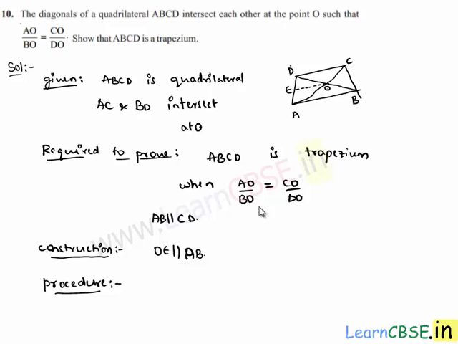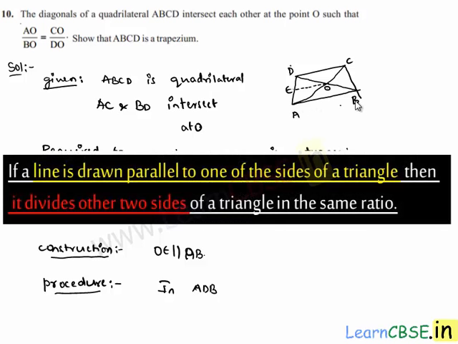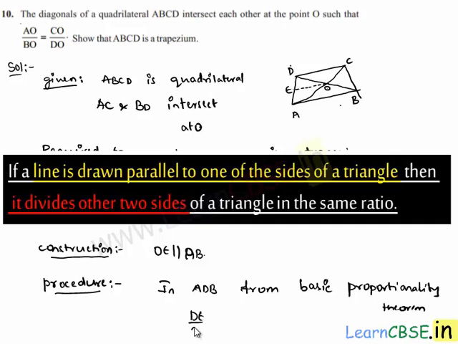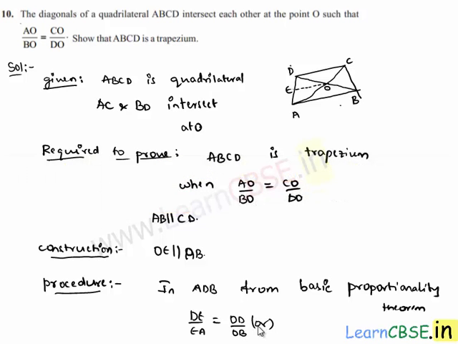We know that if EO is parallel to AB in triangle ADB, as EO is parallel to AB, from the basic proportionality theorem, we can say that DE by EA is equal to OD by OB, or OD by OB can be written as DO by BO.